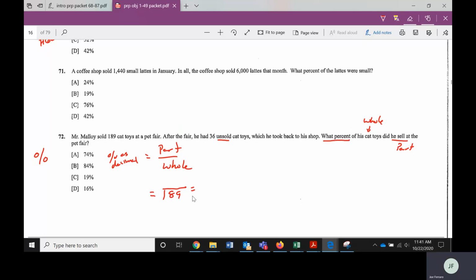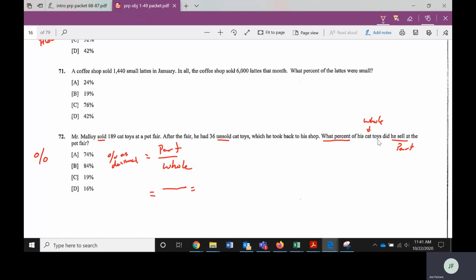I read the problem wrong, and I thought 189 toys were brought there. It says 189 cat toys were sold. Okay, I didn't read that. I just thought that's how many he brought, but it actually says sold.